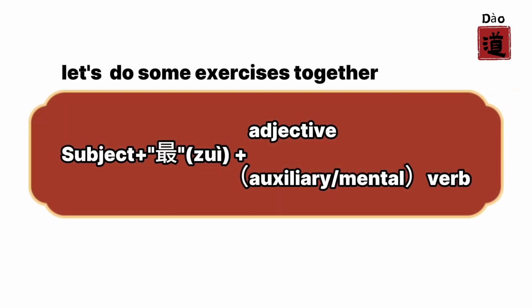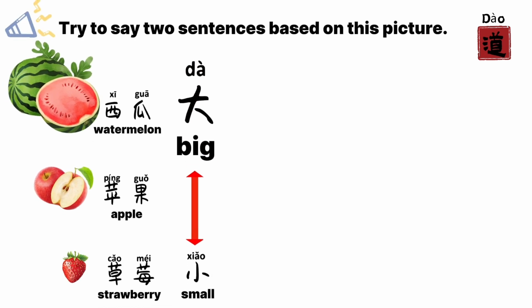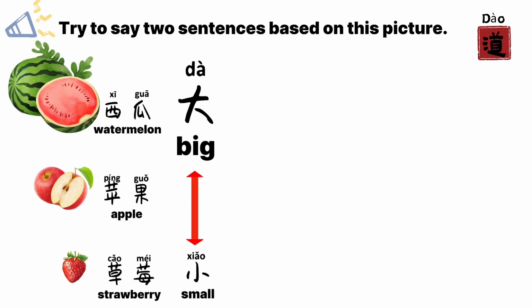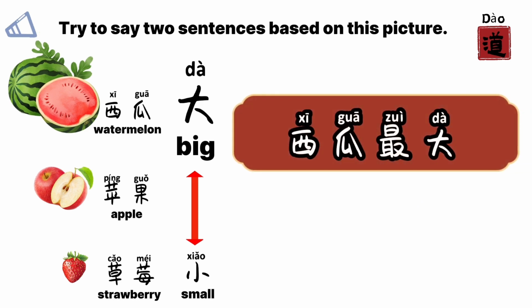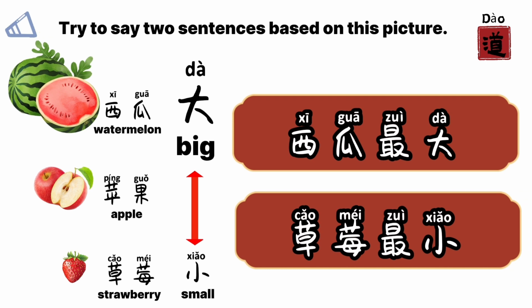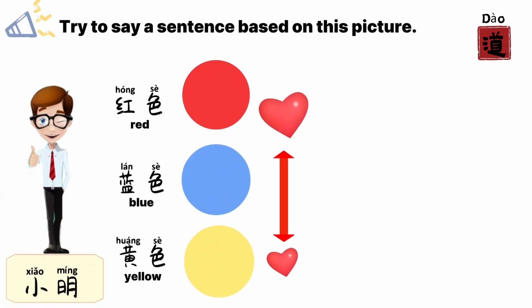Let's review the structure and do some exercises together. Try to say 2 sentences based on this picture. Yes, 西瓜最大，草莓最小。 Let's practice one more.